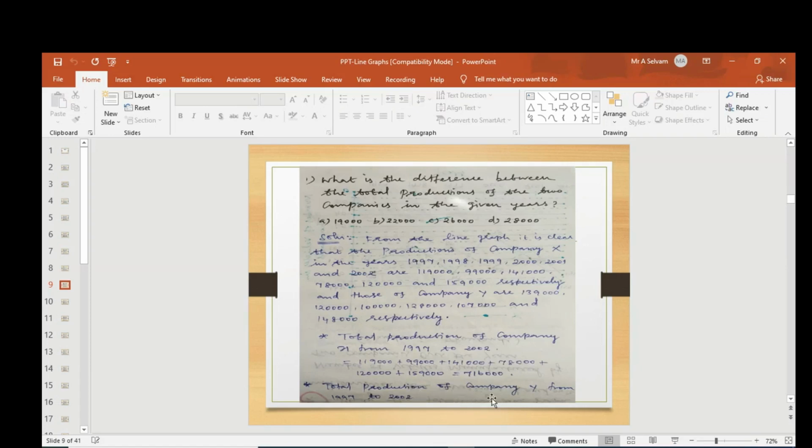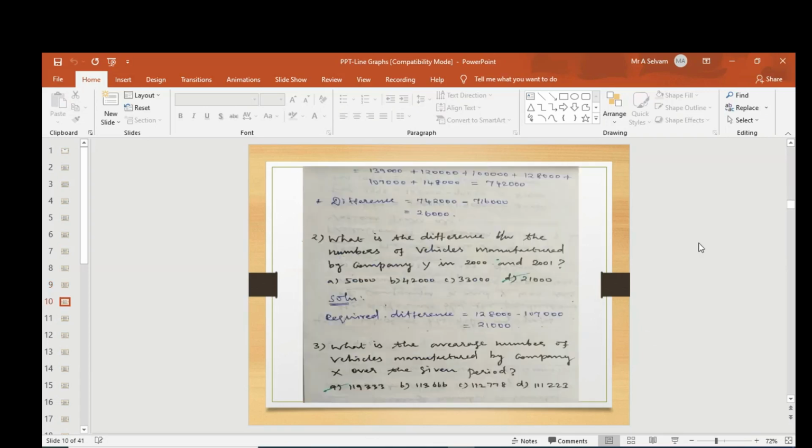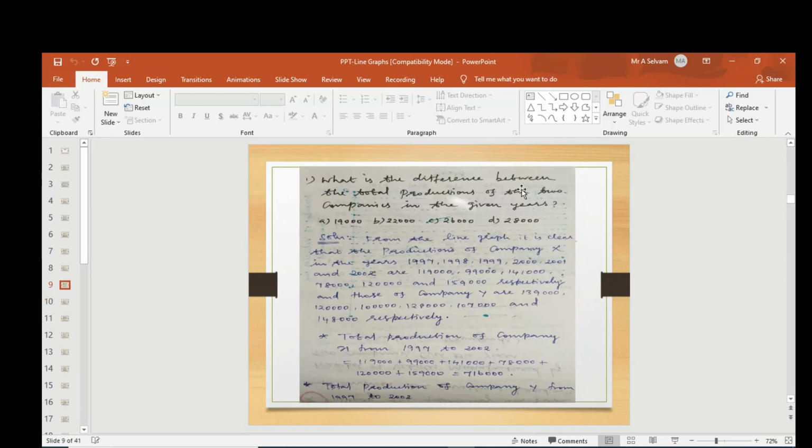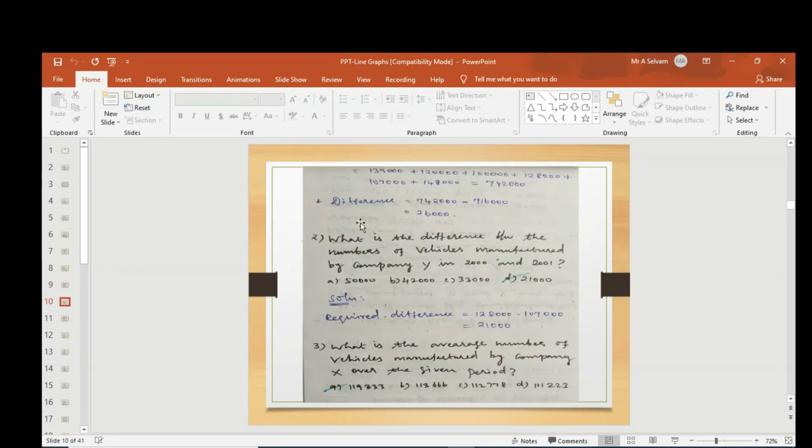Likewise, the total production of company Y from 1997 to 2002 added together gives us 7,42,000. What they are asking is the difference between the total production of the two companies. X manufacturing company is 7,16,000, Y manufacturing company is 7 lakhs 5,000.